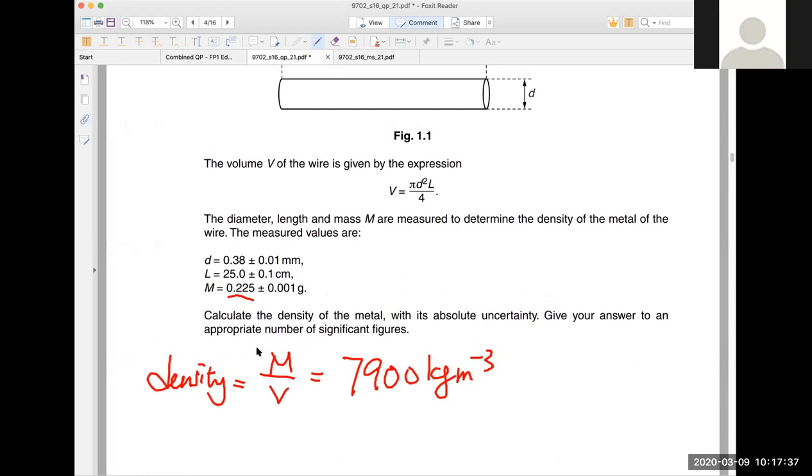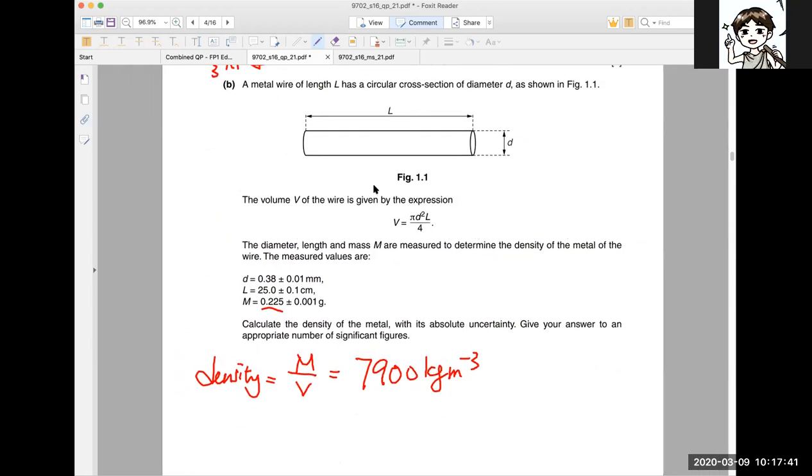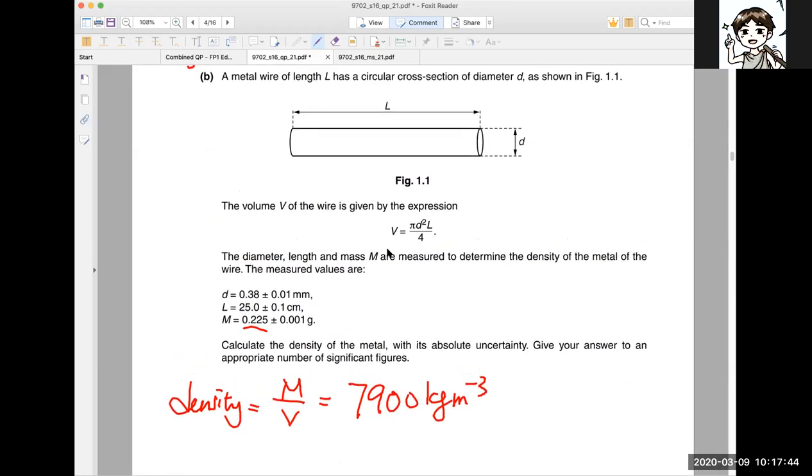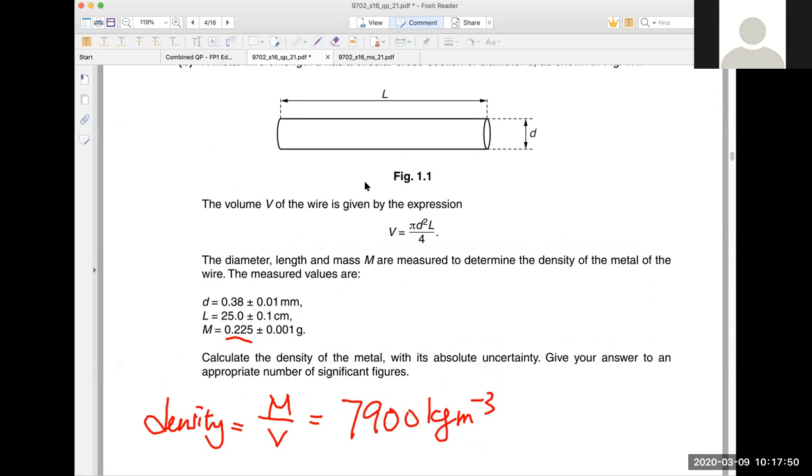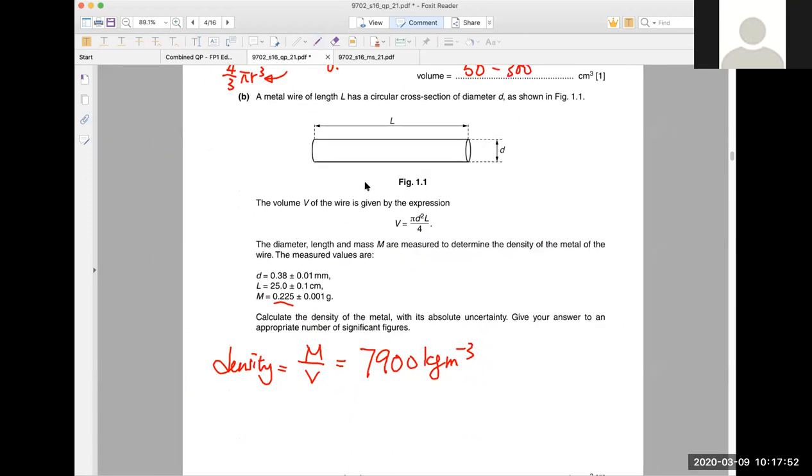Density is just mass over volume. Even if you don't know the formula of the volume of a cylinder, it is given here already. Did we find the errors of each value and plug it into a formula? You need to convert these units into SI units, meter and kilogram, and then put them in the formula and get the answer.